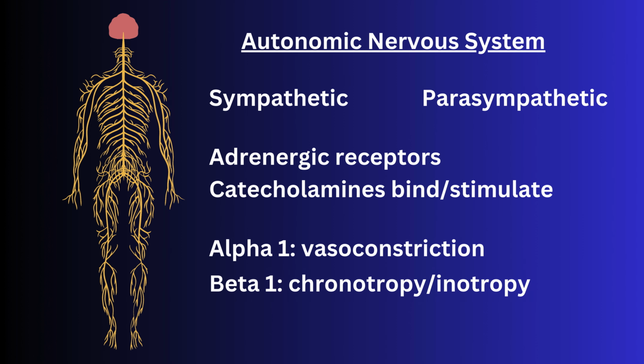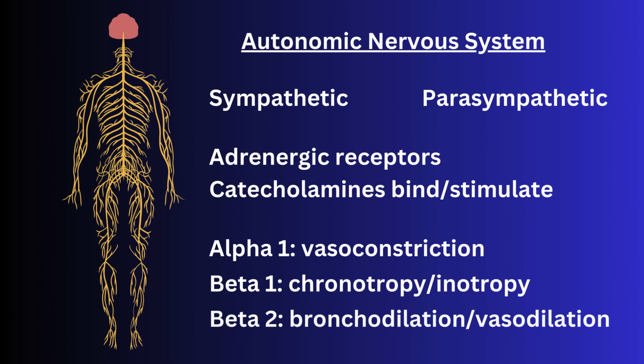When beta-1 receptors are stimulated, there is an increase in heart rate and contractility. Most nurses know that beta-2 receptors are in the lungs and are responsible for bronchodilation, but there are also peripheral beta-2 receptors that produce vasodilation. Most vasopressors and inotropes work by stimulating one or more of these receptors.